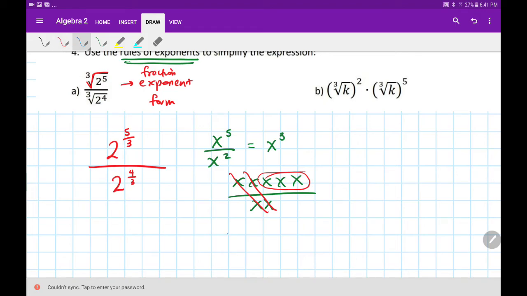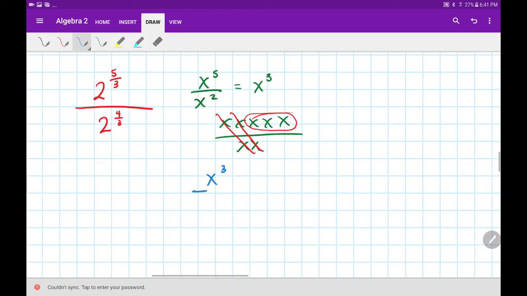On the other hand, if I have x to the 3rd over x to the 4th, we're going to subtract. And I'm always going to subtract so I get a positive number. So in this case, I'm doing 4 minus 3, and I'll get x to the 1. But is that going to be left on the top or on the bottom? So our rule is always with the bigger, wherever the bigger exponent was.